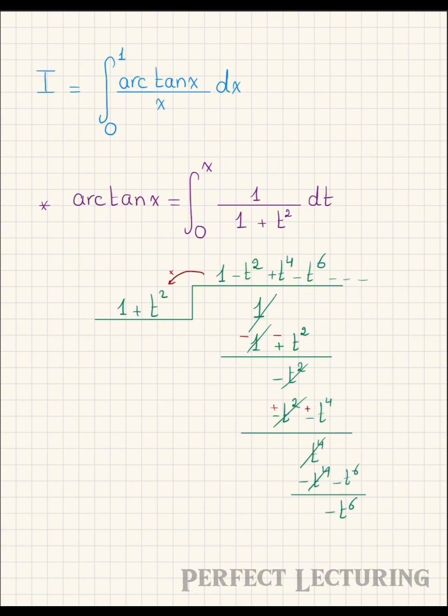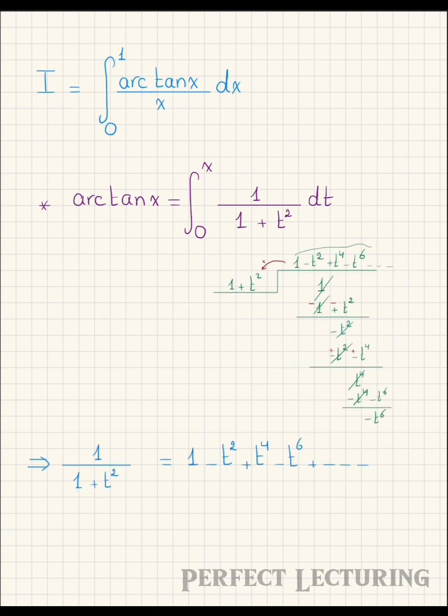So as you can see, the pattern is the following. 1 minus t squared plus t to the 4 minus t to the 6 plus t to the 8 and so on. So the exponents are even and the signs alternate. This means that we can replace 1 over 1 plus t squared here by this answer. And we get this.